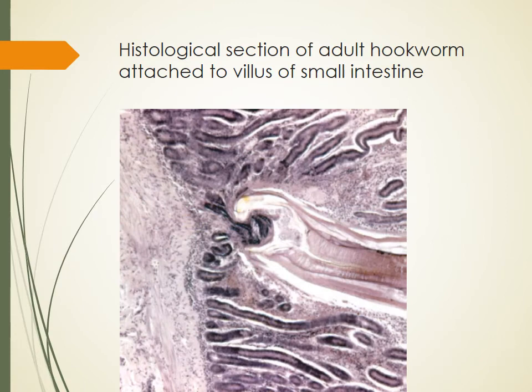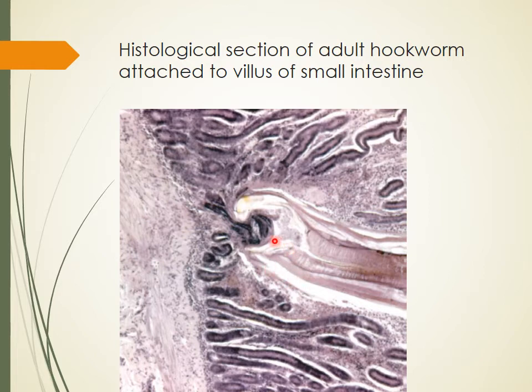You can see this is the intestinal part. This is a histological section. This is the villi of the intestine, and this part is the buccal capsule of the worm, and this is the worm itself.